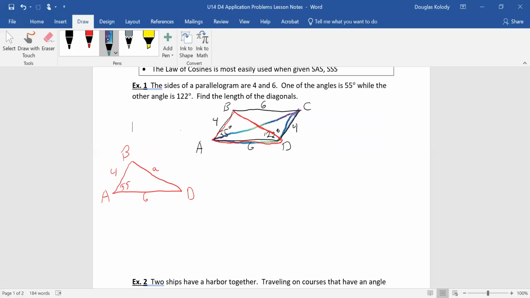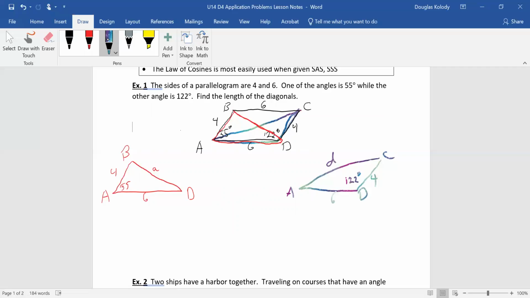And if I get my moon pen out, this is the other triangle, right there and right there. This is the 122-degree angle. This is the 4. This is the 6. And this is side d right there, if you think about it. That's C, and that's A. And so I guess we're finding side lowercase d.